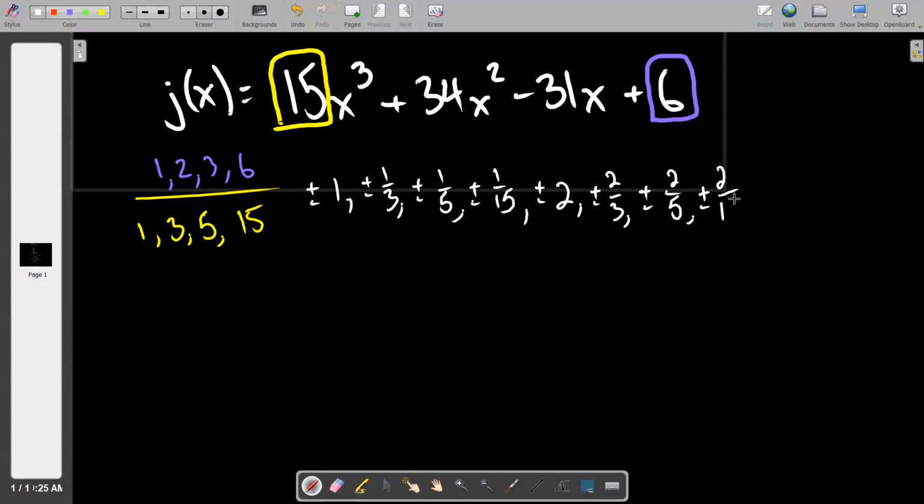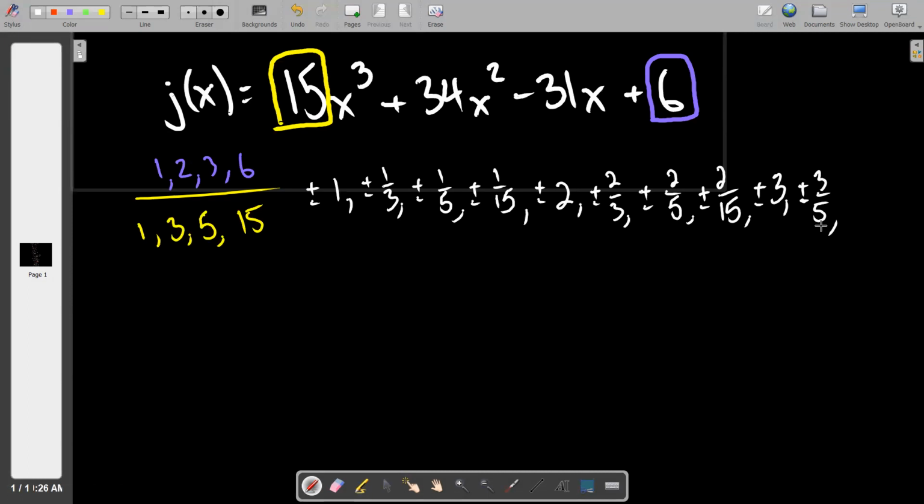Next up, positive negative 3. And then there's 3/3, which is accounted for. Next up is positive negative 3/5, which is not accounted for. And then after that is positive negative 3/15, which is accounted for because it's 1/5, right?